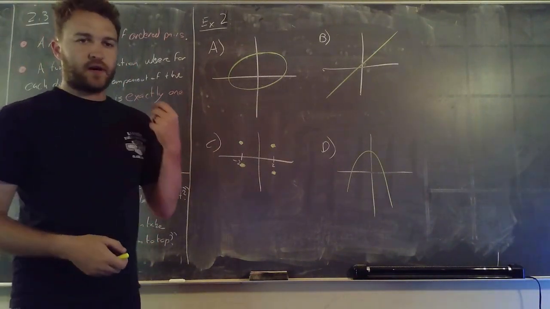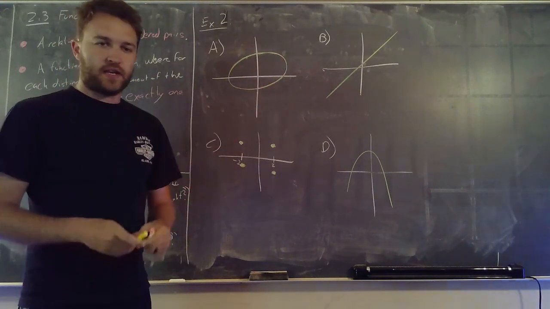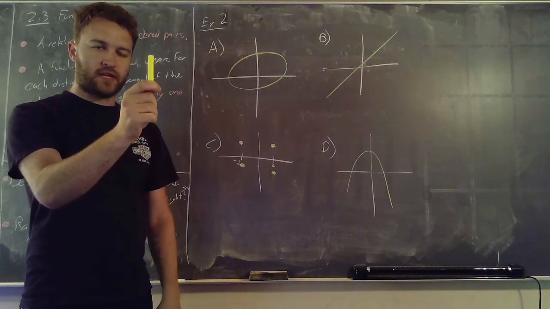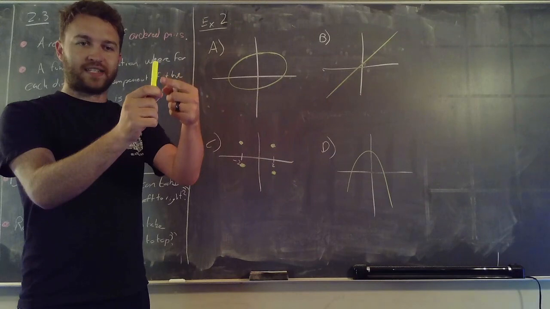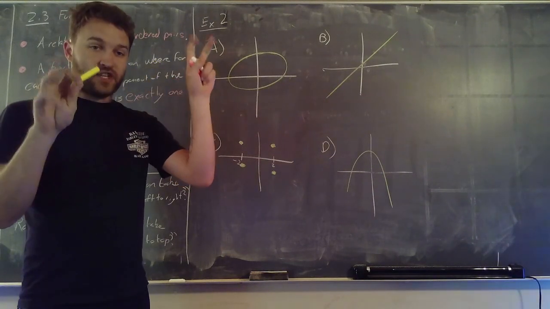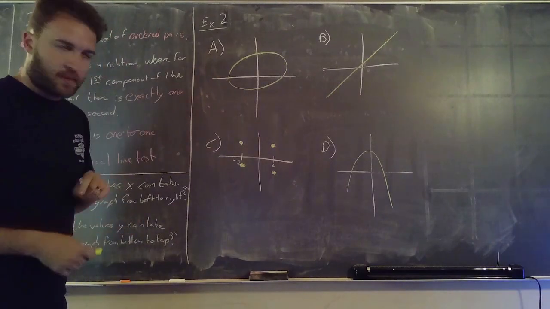What you're going to do on Pearson, more than likely, is blow up the graph to where you can see it well, and then you take your pencil and you simply hold it vertically and see if the graph crosses the imaginary vertical line of your pencil in more than one place. So I can actually draw it on my board here.